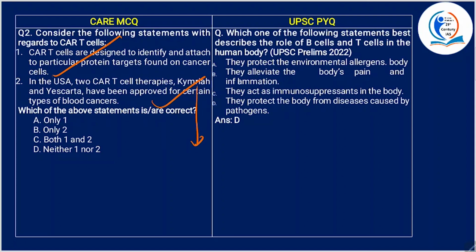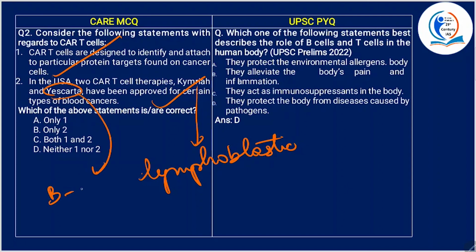See, Kymriah was issued to treat acute lymphoblastic leukemia, and Yescarta for B cell lymphoma. To clarify this one, this was in place. Okay, so both the statements are correct.